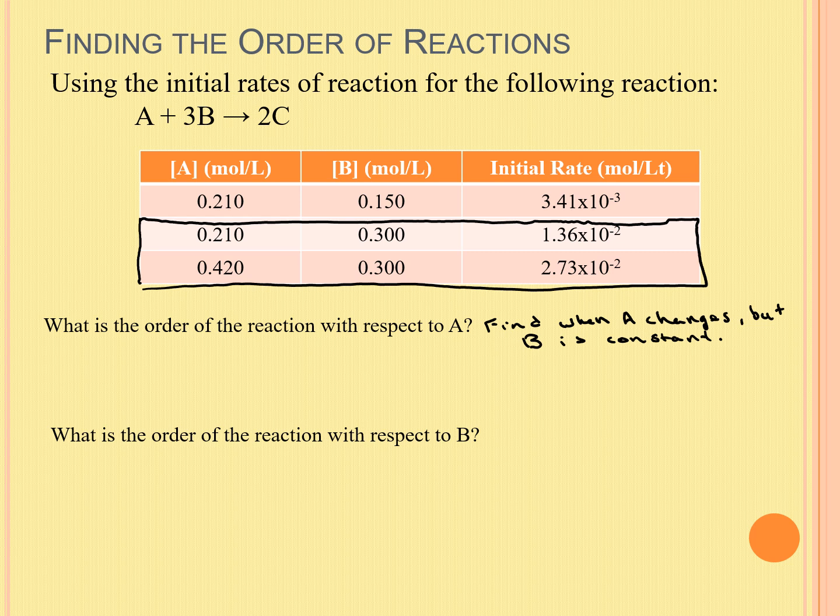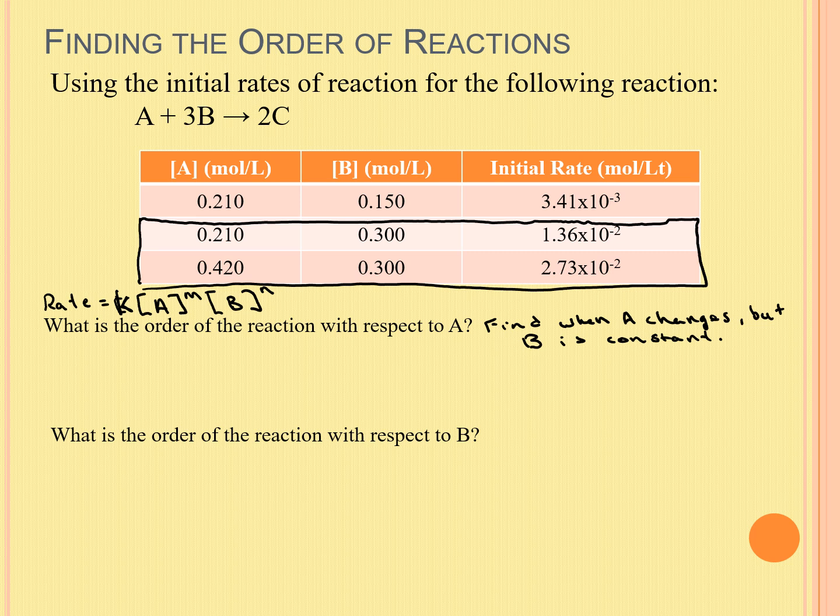Okay, so we know that rate for this is equal to, all right, K times A to some power, we're going to call M, times B to some power, that is N. All right, K is going to be a constant for this reaction, so mathematically right now we are going to ignore it.